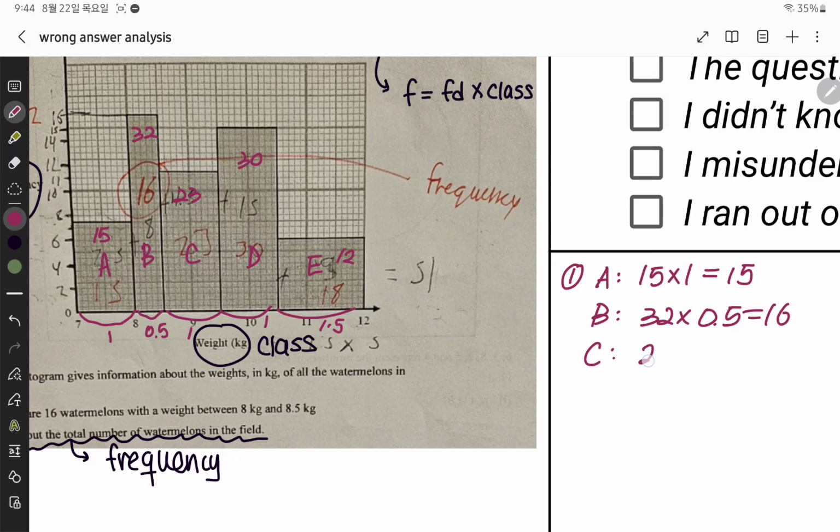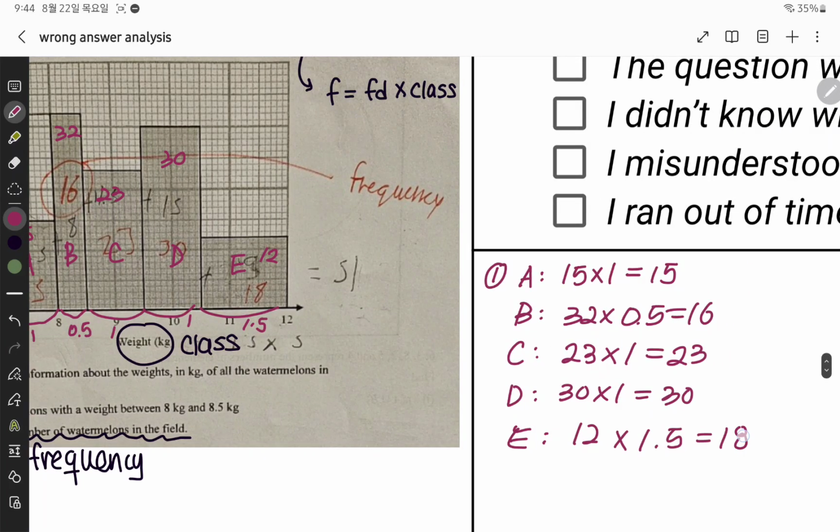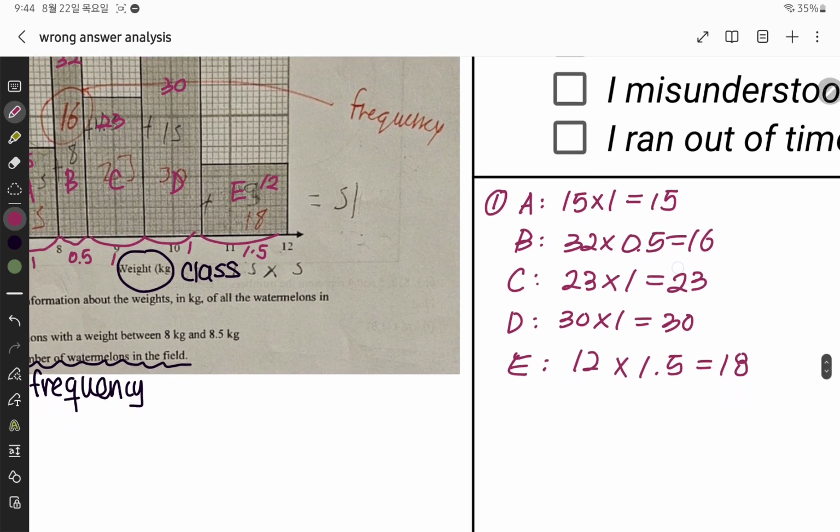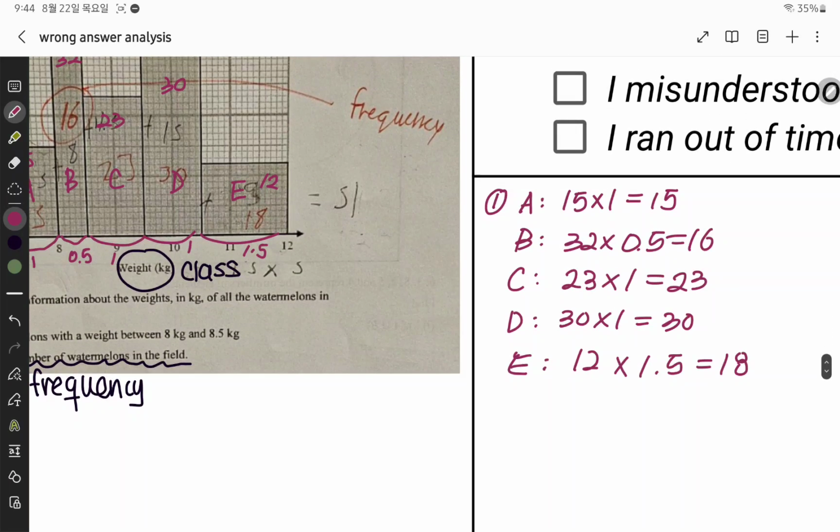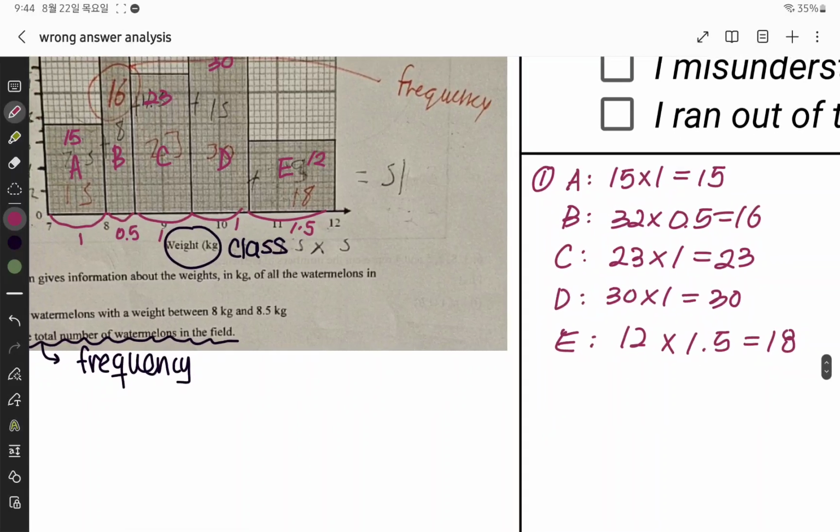And C is equal to 23 times 1, which is 23. And D is 30 times 1, which is 30. And E, lastly, we have 12 times 1.5, which is going to be 18.